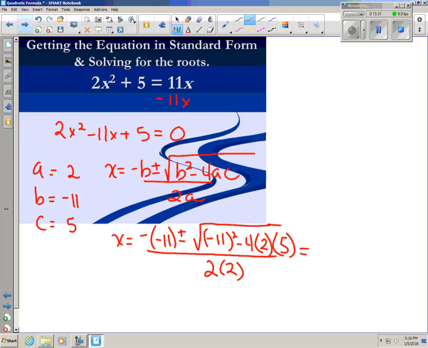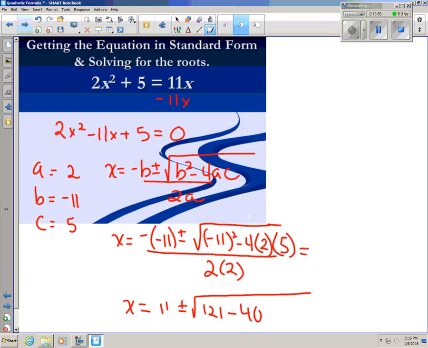Now we're going to start working under the radical and simplifying other areas as well. So a negative times a negative is going to make this a positive 11. It's still plus or minus. And I have negative 11 squared, which is a positive 121, minus 8 times 5 is 40. And that's all over 4.